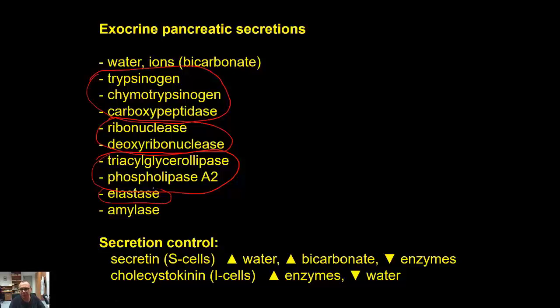Elastase is a special protease, so it belongs to this first group. Amylase is the enzyme digesting polysaccharides, starch or glycogen, depending on the origin of the polysaccharide. So you can see that all nutrients can be digested by pancreatic secretion, and it's logical that no cell can produce all of them together.